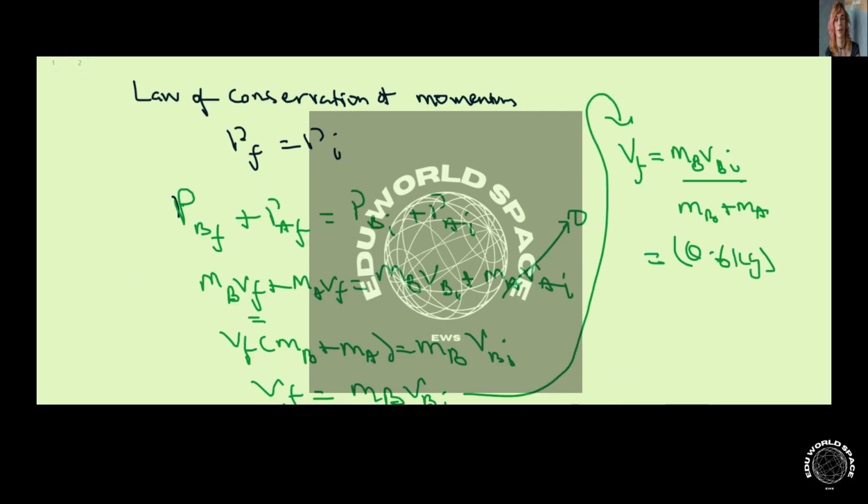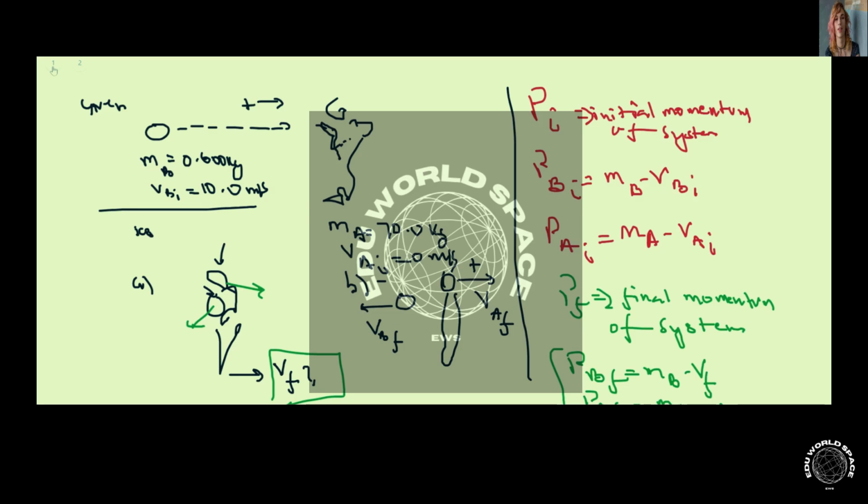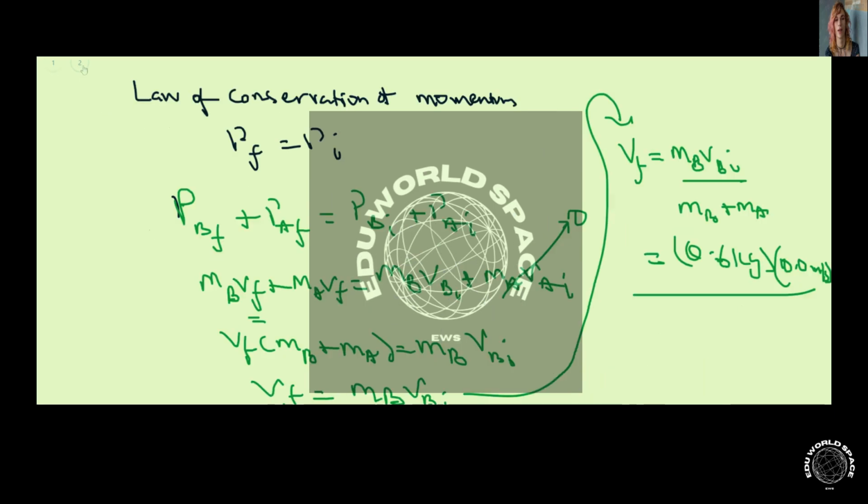That's multiplied by the initial velocity of the ball, which is 10.0 meters per second, and then divided by the mass of the ball, which is 0.6 kilogram, plus your own mass, which is 70.0 kilograms.